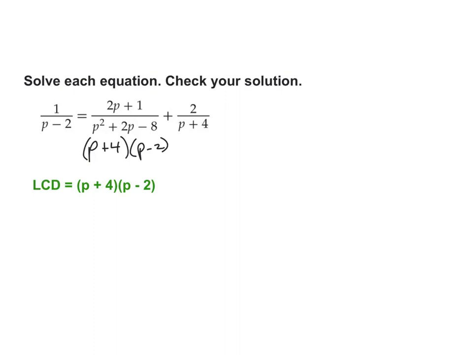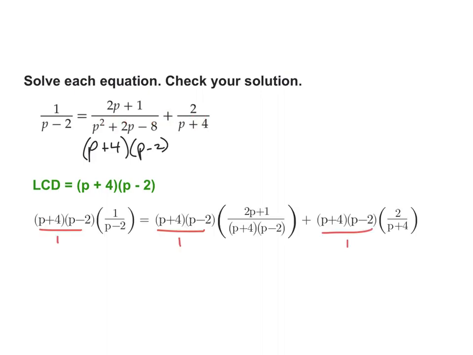So, I'm going to multiply this by the lowest common denominator, this by the lowest common denominator, and this by the lowest common denominator. So, here's what that looks like. Now, I put these all over 1 just to show you that you could write it as a fraction in case we get to the point where we're canceling things.